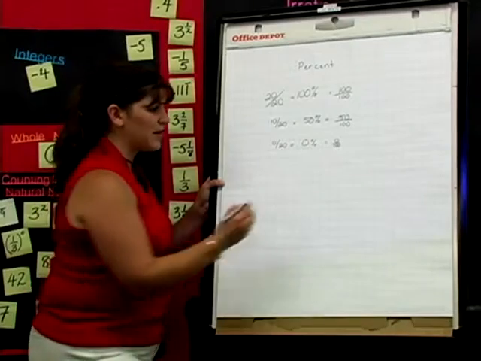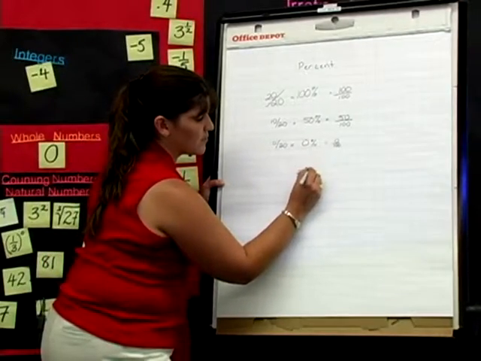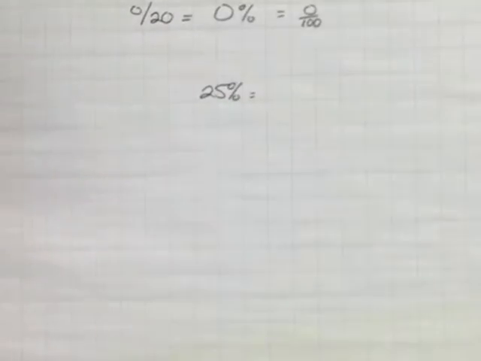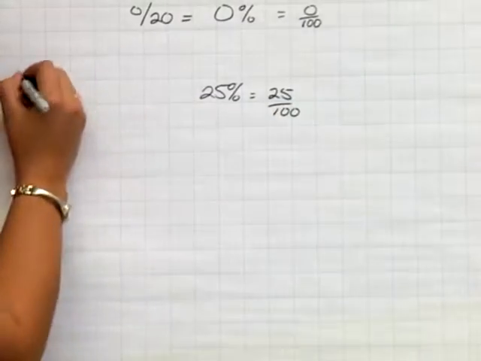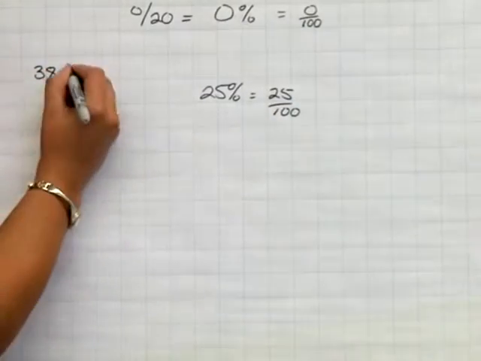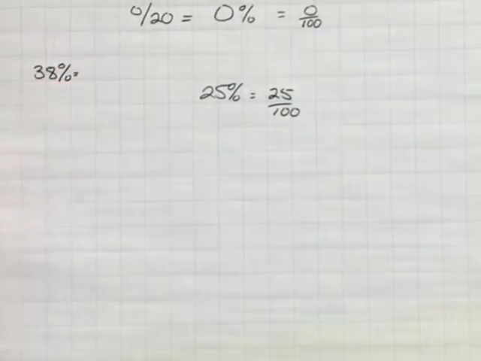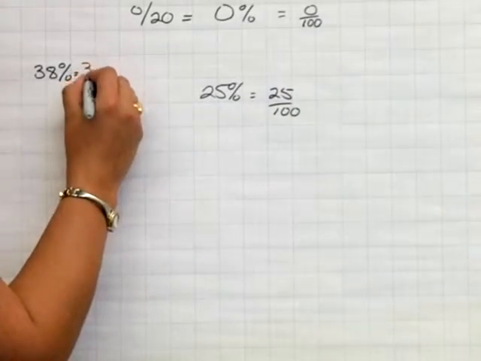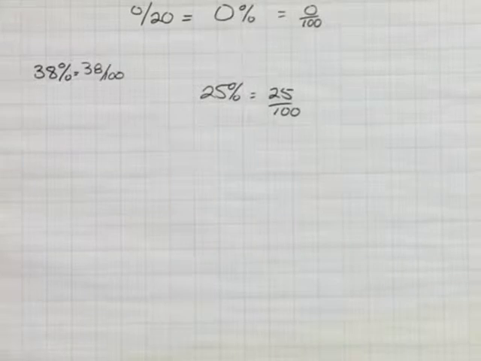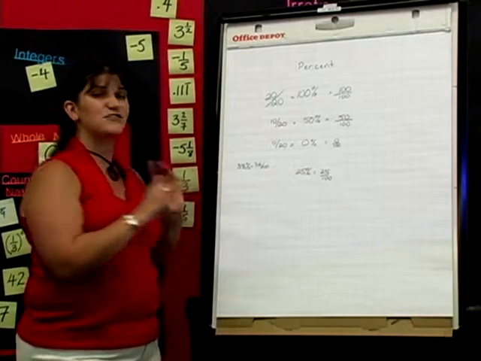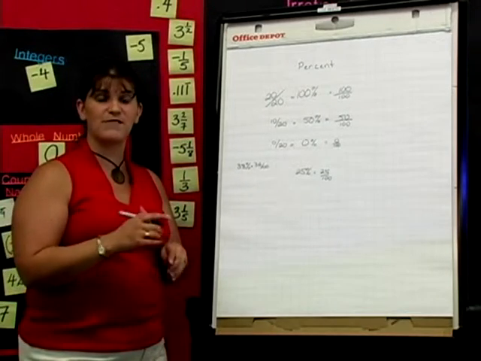So let's do a couple others. If you have 25% and you want to write this as a fraction, it's 25 over 100. If you have 38%, to write that as a fraction, you have 38 over 100.